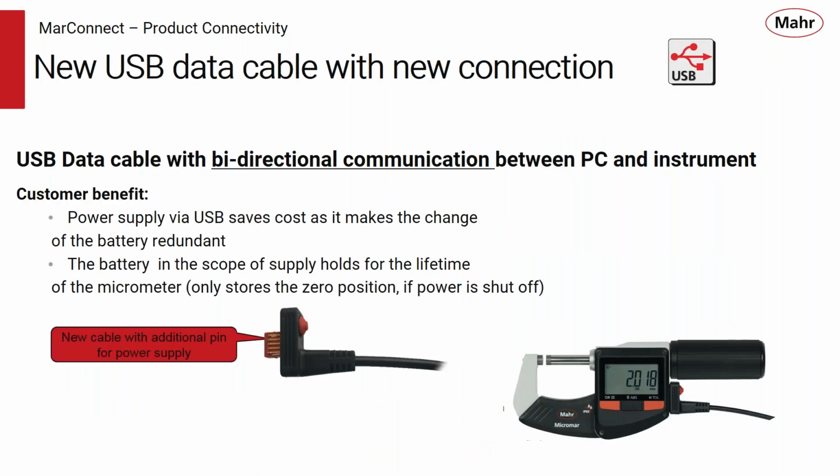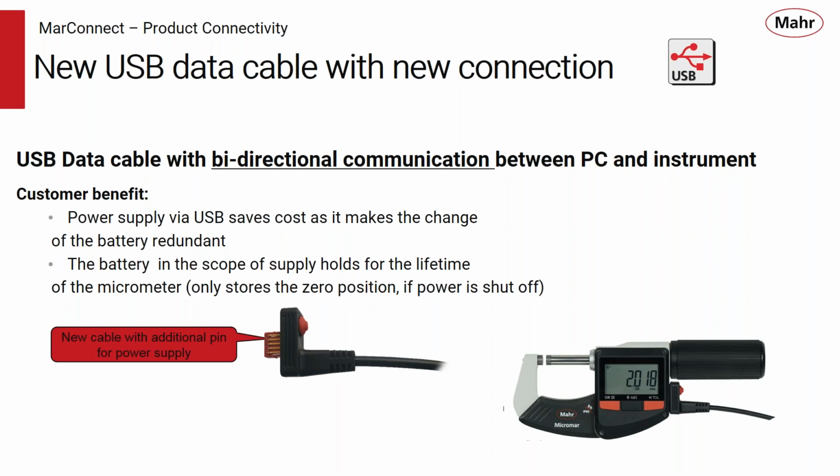So that two-way communication on the micrometers is done both wirelessly and with our USB cable. We're getting two-way communication, but there's also the other benefit that the USB port will be powering the micrometer through the USB cable.